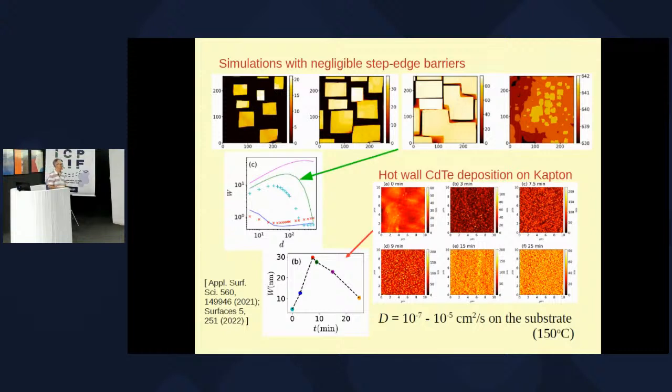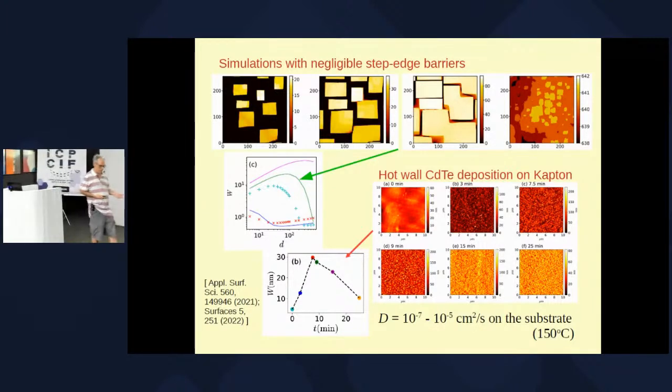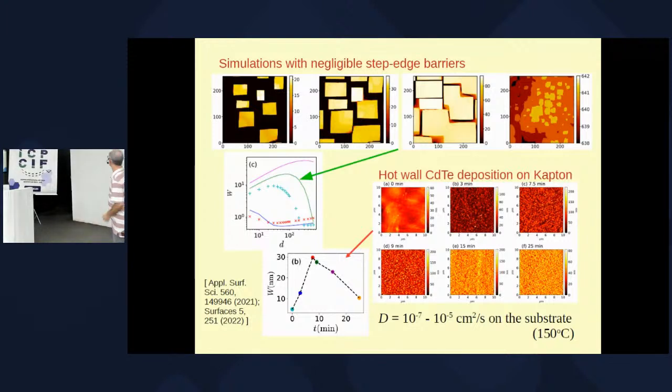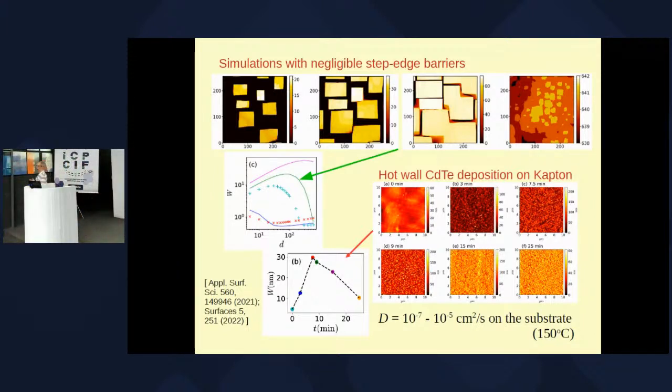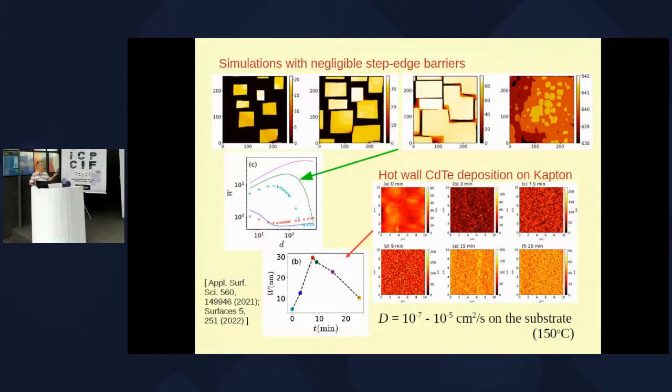This was the first application we found for illustrating this general feature of the roughness passing through a maximum, and there are also other clear applications of this type of approach now with the organic films. And from this study, we could get a rough estimate of the diffusion coefficient of the cadmium telluride molecules on that substrate at the growth temperature.